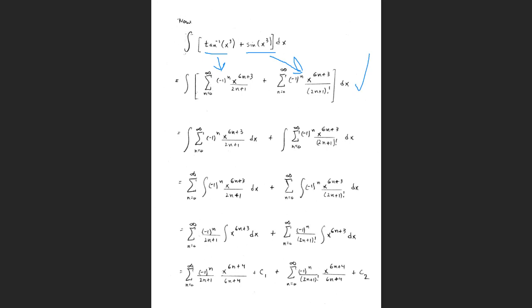Now we note on this step here that we have an integral of a sum. Well, an integral of a sum is the sum of the integrals. So that gets us down to here.